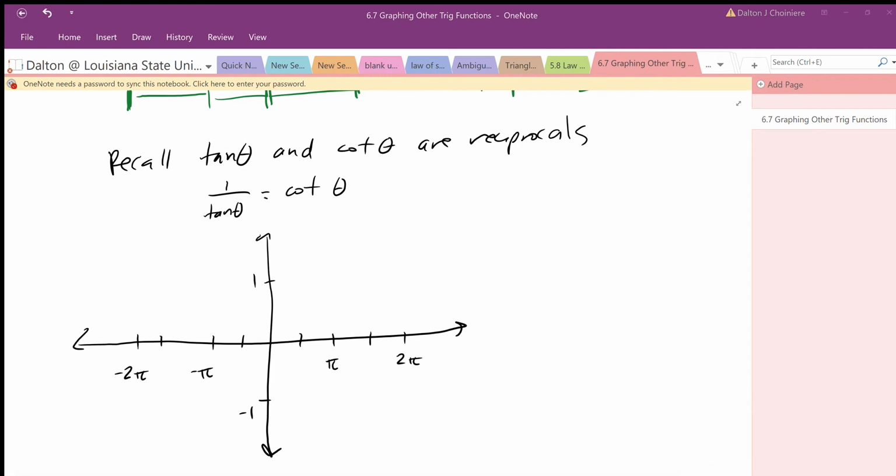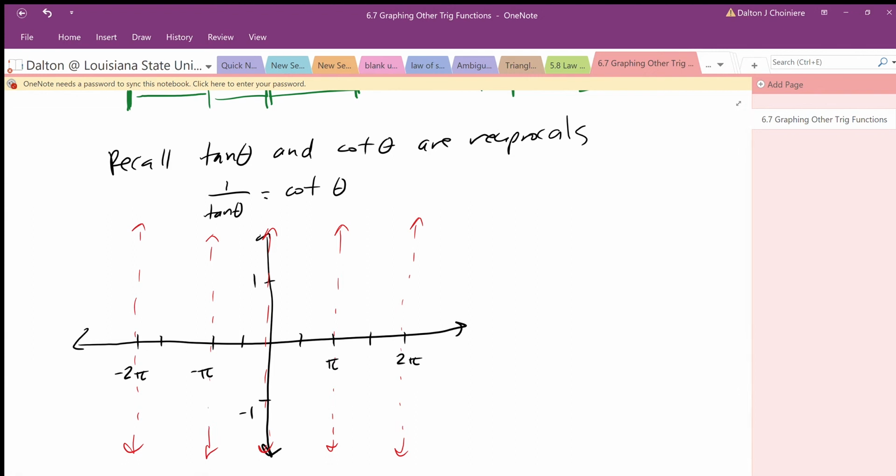These have asymptotes at 0 and at pi and at 2 pi and at all of the whole pi's. So where the intercepts were for tangent, the asymptotes now are for cotangent. So again, there was a phase shift between the two of them.